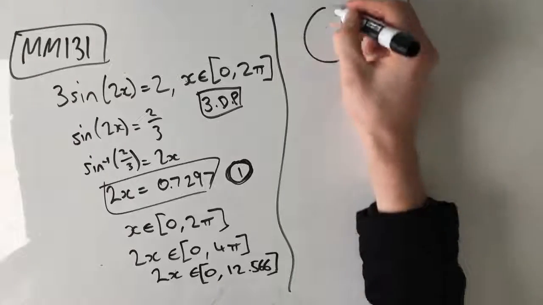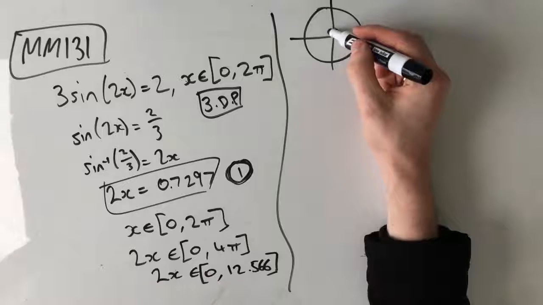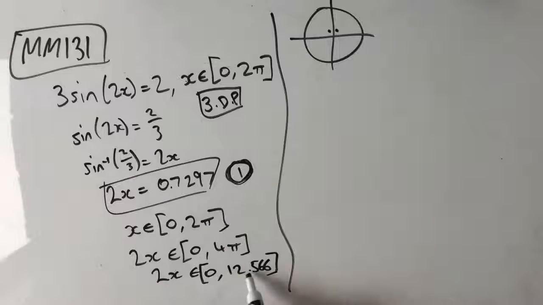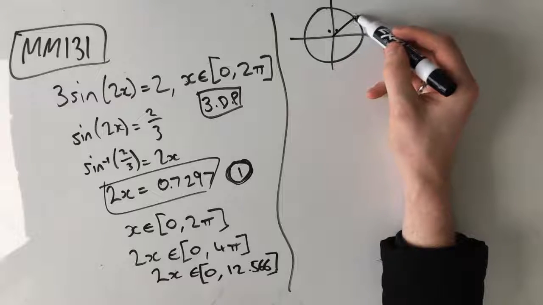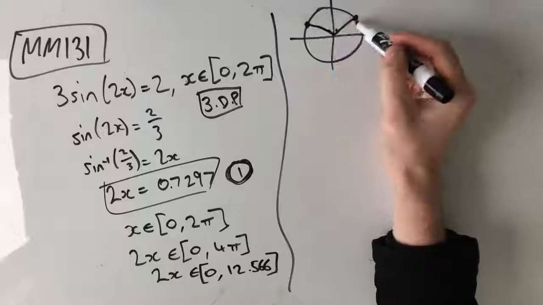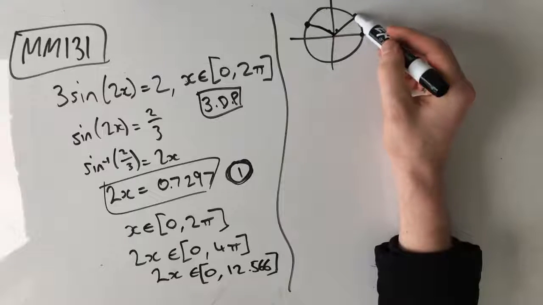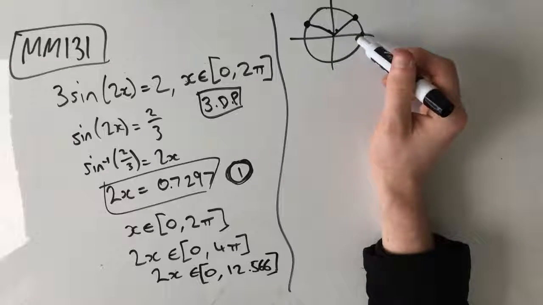So according to our unit circle, sine is positive in both quadrants 1 and 2, which means that our answers between 0 and 12.566, or 4 pi, is going to be here, here, and then going around once is 2 pi. So we're going to have another answer here, another answer here. So we're actually going to have 4 answers when we finish.